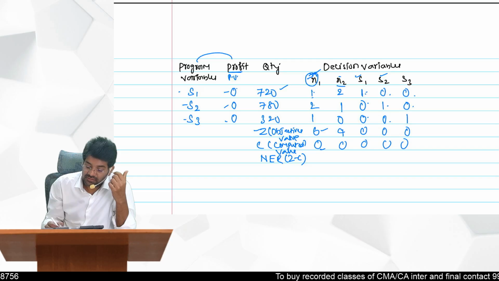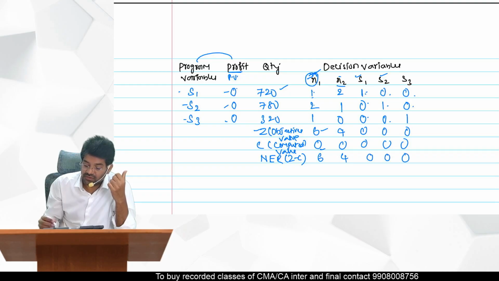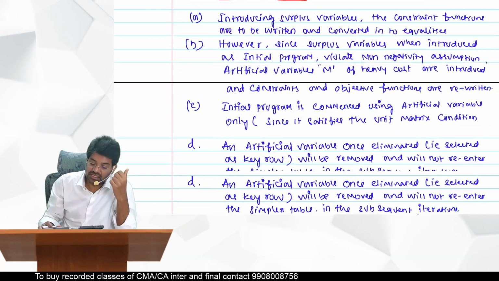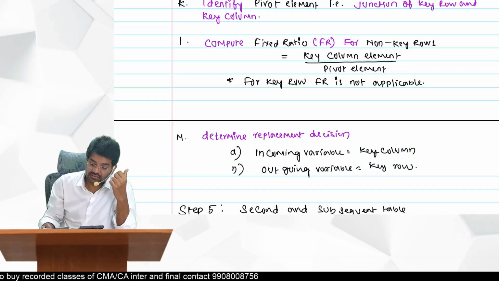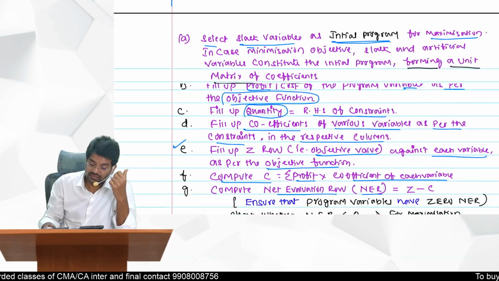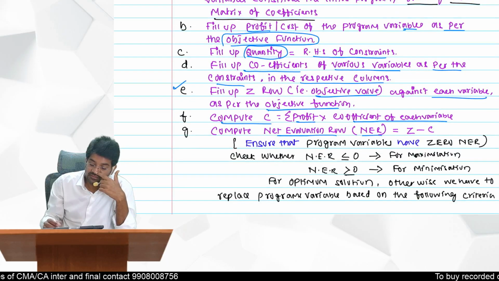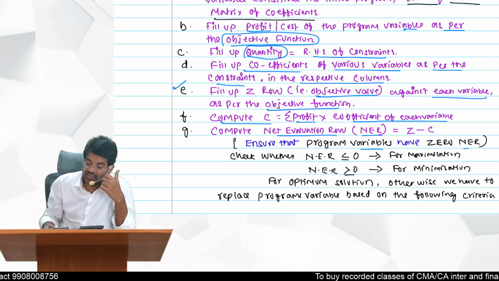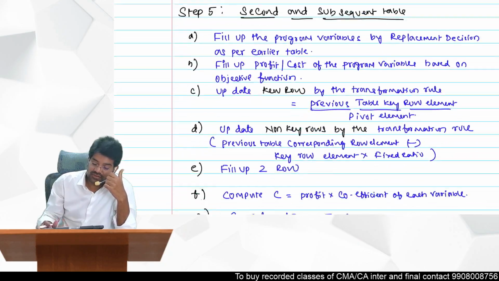We only do Z minus C here, and we have done that. Ensure that program variables have 0 NER. So in this, for the program variables x1, x2, we have 0.